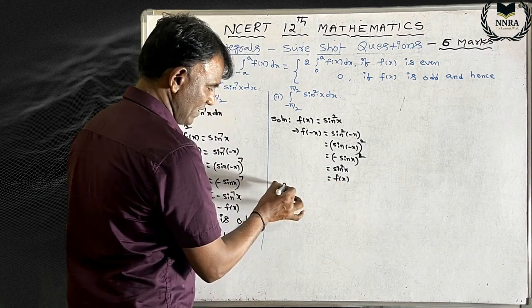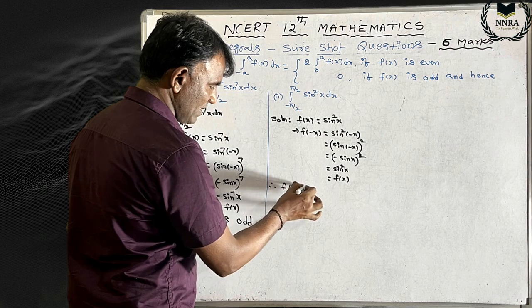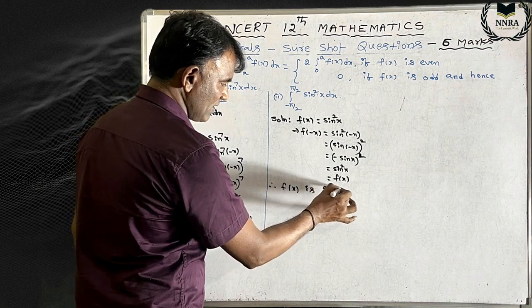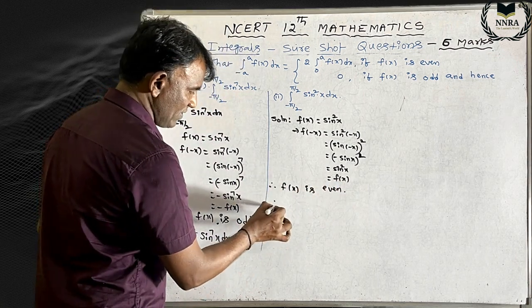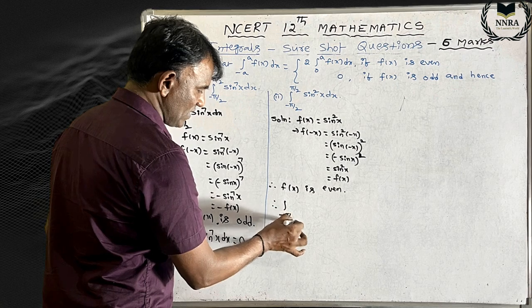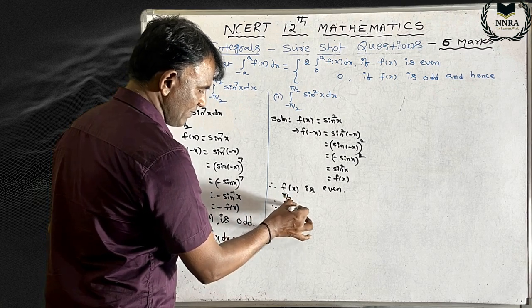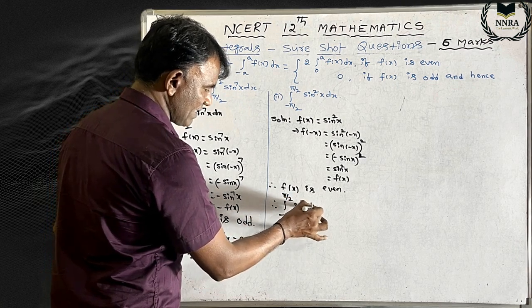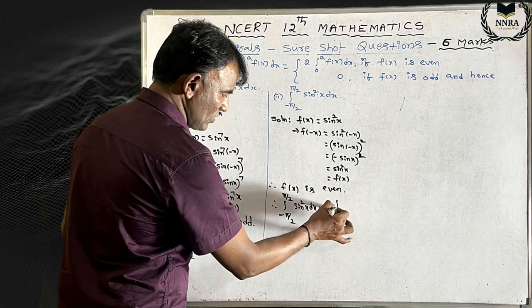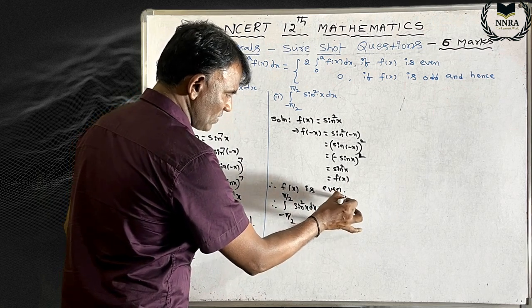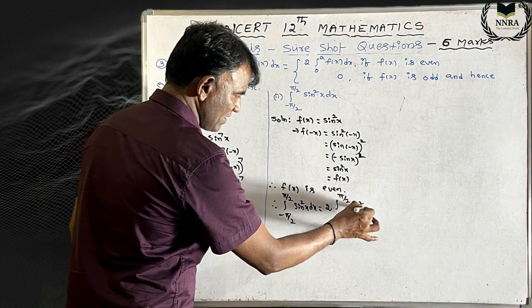Now f of x is an even function. So the integral from minus a to a of f of x dx equals 2 into the integral from 0 to a of f of x dx.